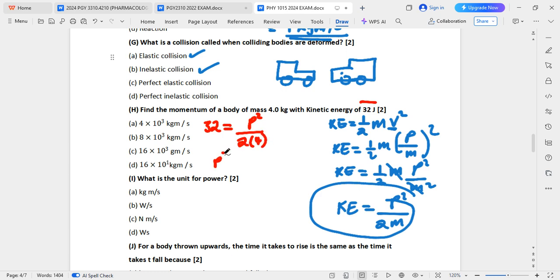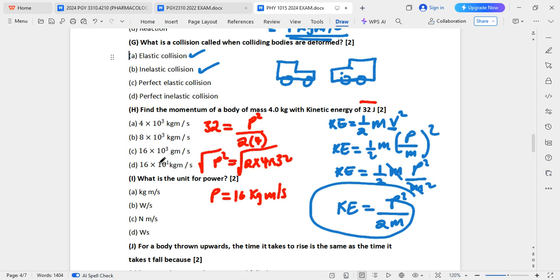So momentum squared is going to be equal to 2 times 4, then times 32. I want to remain with momentum, so square root both sides. Momentum is going to be equal to 16. The unit for momentum is kg meter per second.